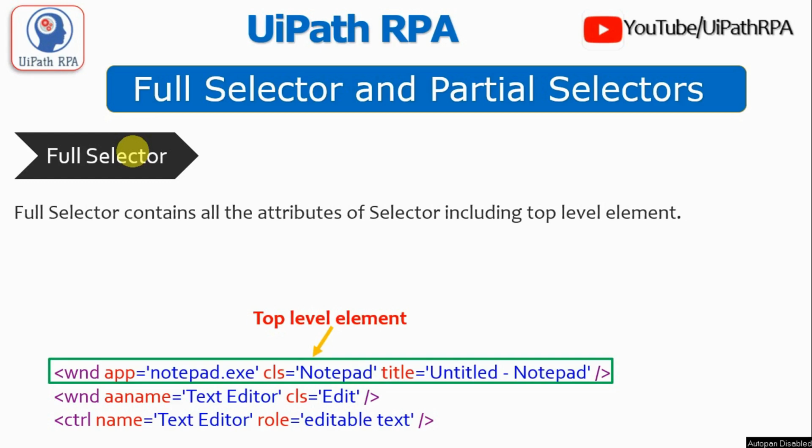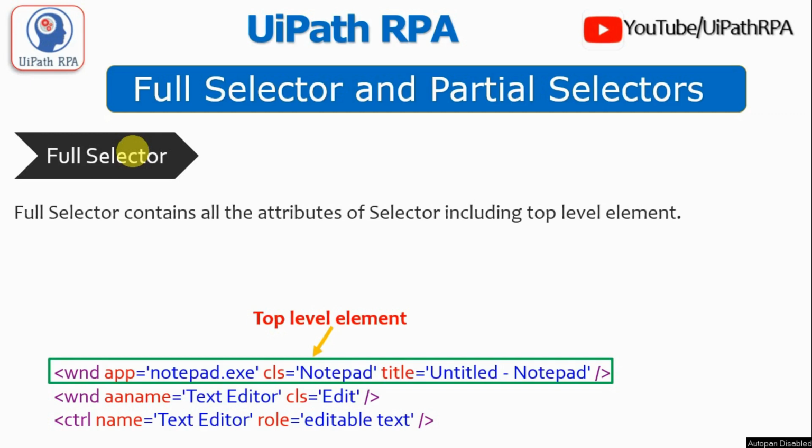If you are using HTML, like web pages, then it will show HTML, and app equal to chrome.exe, and if you have opened any page, it will show the page and the title. So this part is the top level elements, and whatever comes next is called attributes and their values. The first line in our selector is called the top level elements.